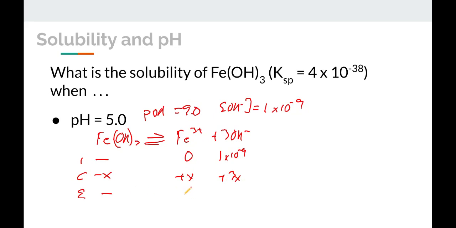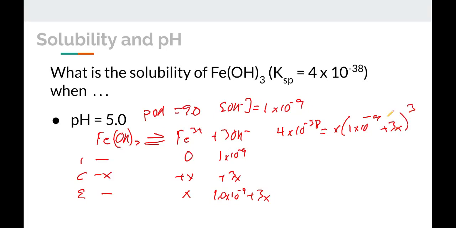At equilibrium, iron concentration is x, and the hydroxide concentration is 1.0 times 10 to the negative 9th plus 3x. So KSP, 4 times 10 to the negative 38th, is equal to the concentration of iron, which is x, times the concentration of OH minus, which is 1 times 10 to the negative 9 plus 3x, cubed.